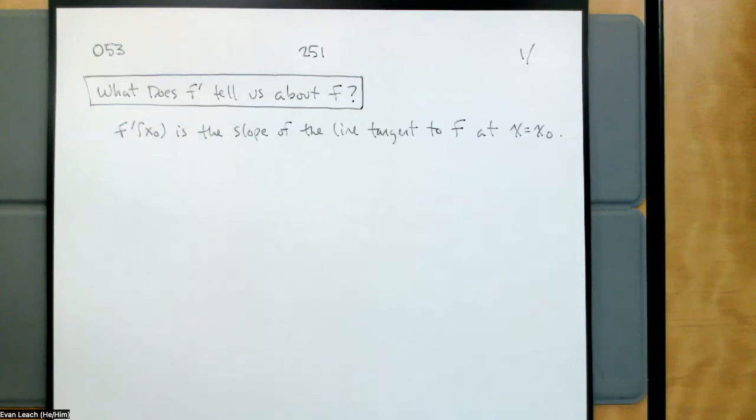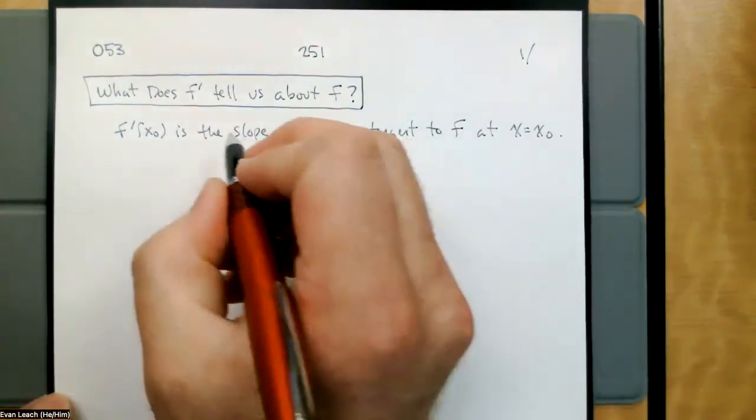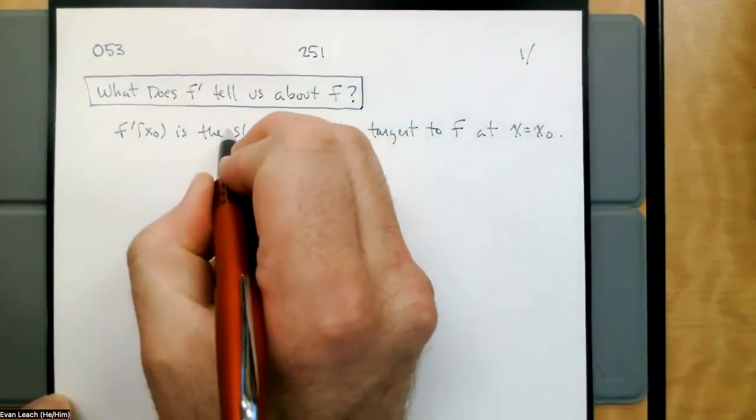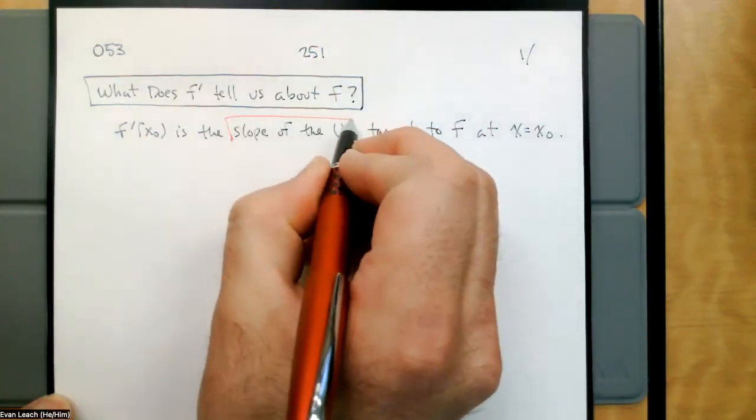In kind of simplistic terms, we're finding the slope of a tangent line. So anything that the slope is going to tell us, that's what the derivative is going to tell us. Applications of the derivative are just going to be applications of slope. That's the biggest key: the derivative tells us the slope of a line.